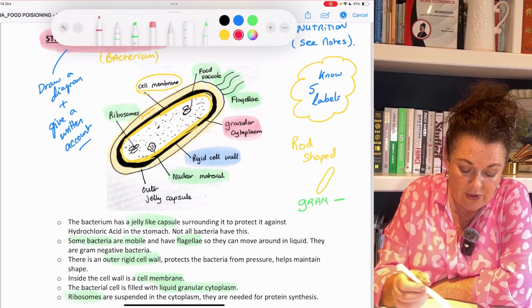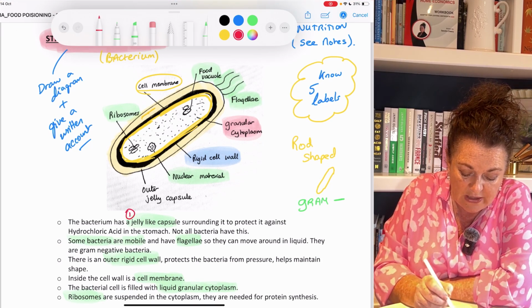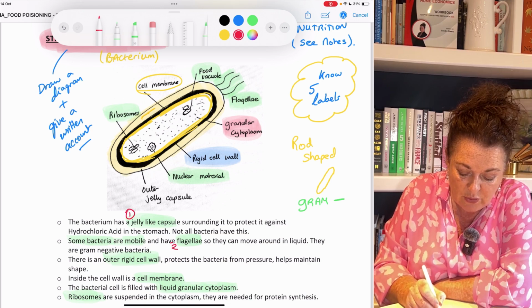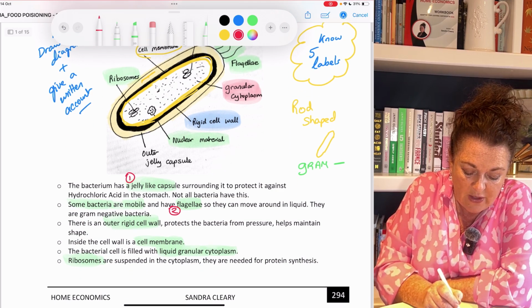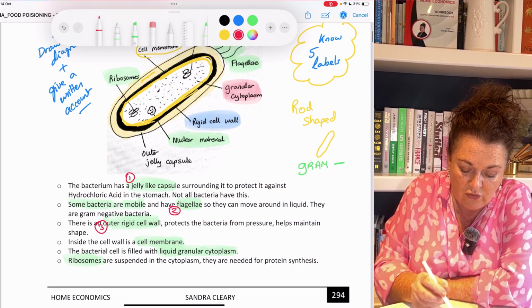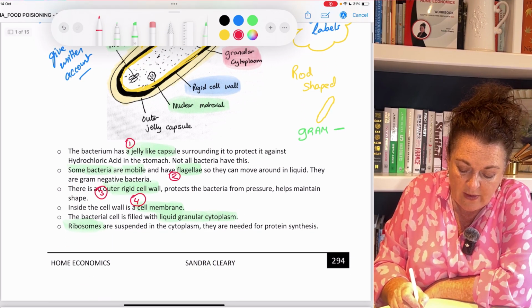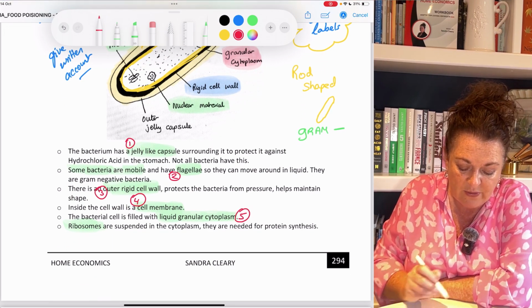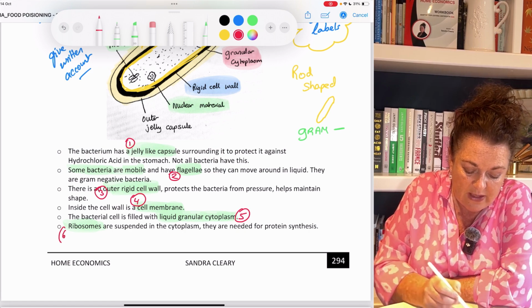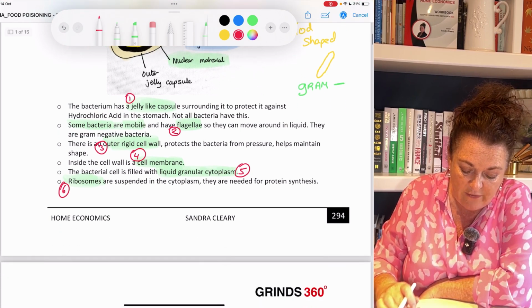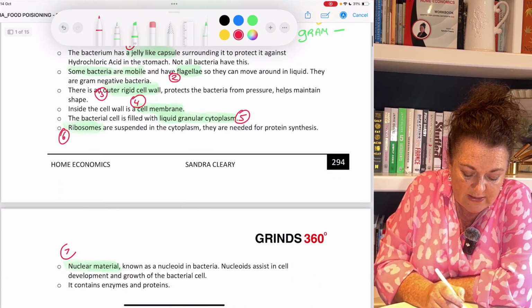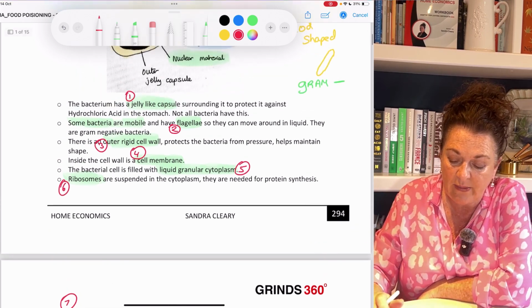So we're just going to number them there. 1, our jelly-like capsule. 2, we have our flagellae. 3, we have our outer rigid wall. 4, we have our cell membrane. 5, we have our cytoplasm. So maybe actually I'm going to change that. 6, we have our ribosomes, and 7, we have our nuclear material.